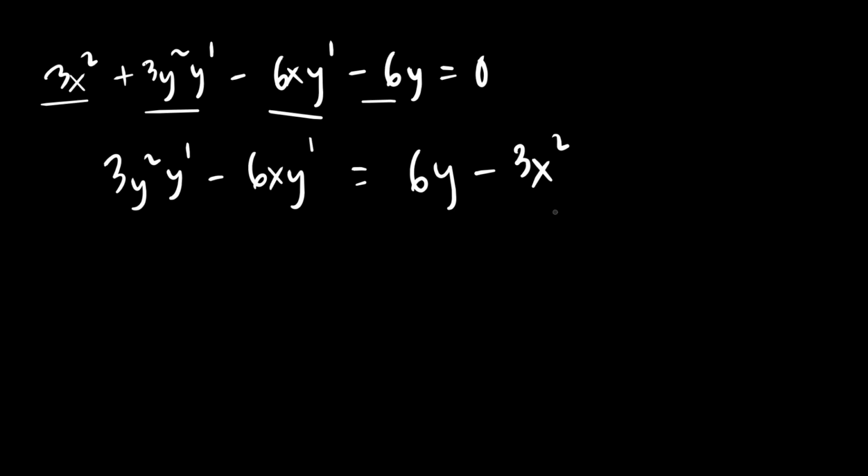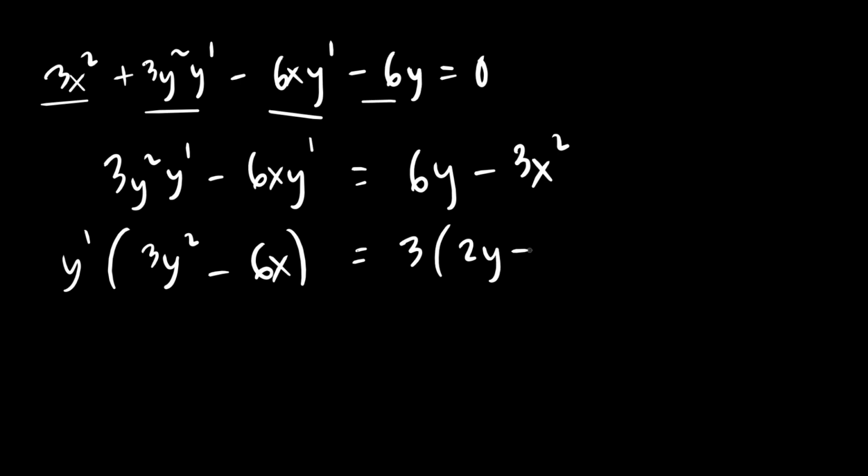After this, we will isolate y prime. So y prime times 3y squared minus 6x, and also we'll factor this one also. So we have 3 times 2y minus x squared.